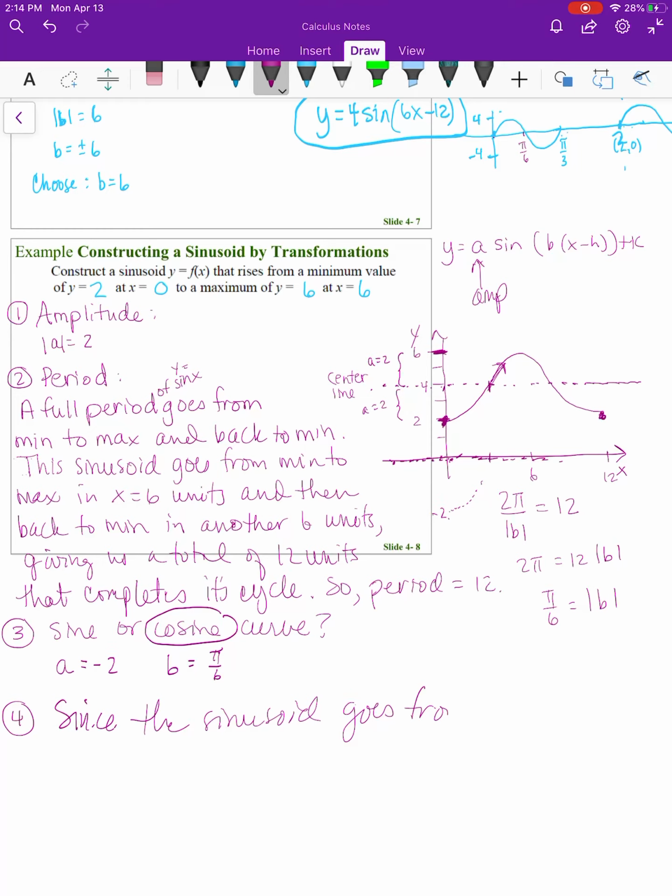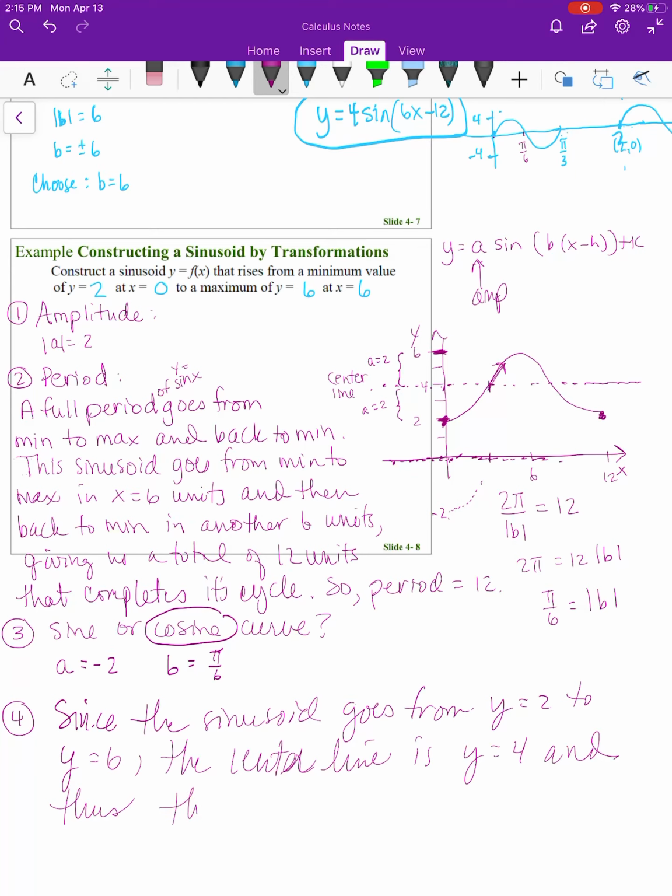Okay, so I put, since the sinusoid goes from y equals 2 to y equals 6, the center line is y equals 4.